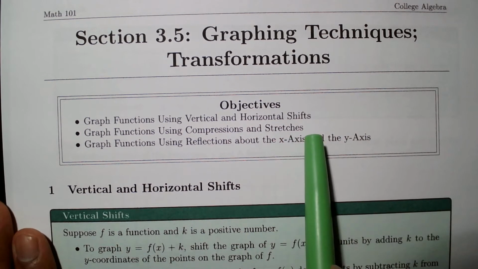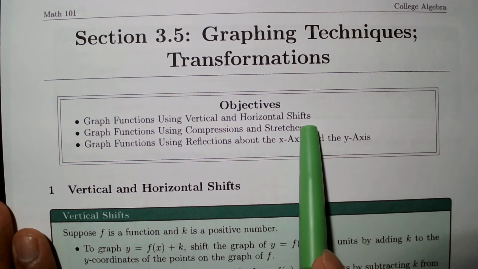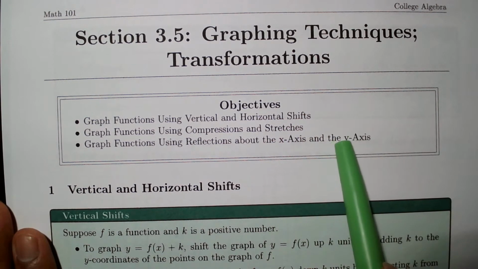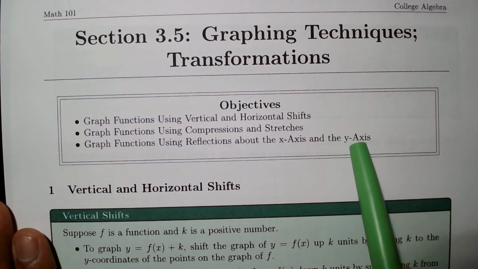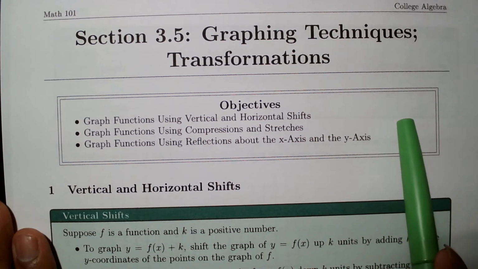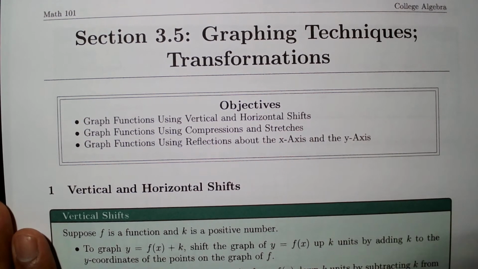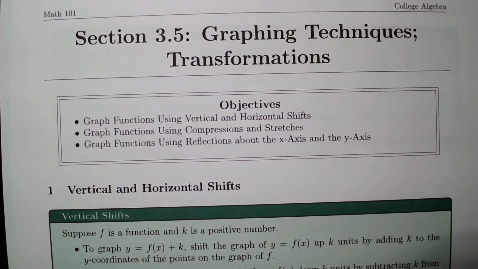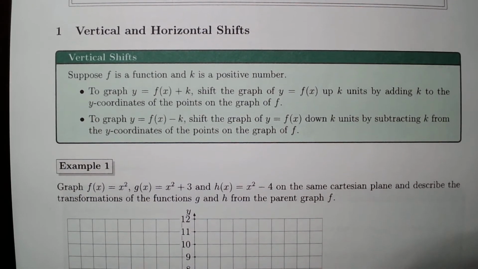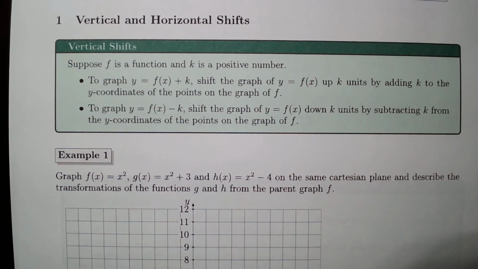The reflection about the x-axis flips the graph upside down, while the reflection about the y-axis flips the graph horizontally, reversing the order of the graph. So we're going to go over pretty much the simplest case: vertical and horizontal shifts.